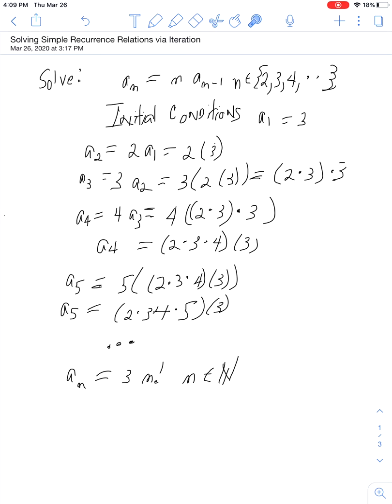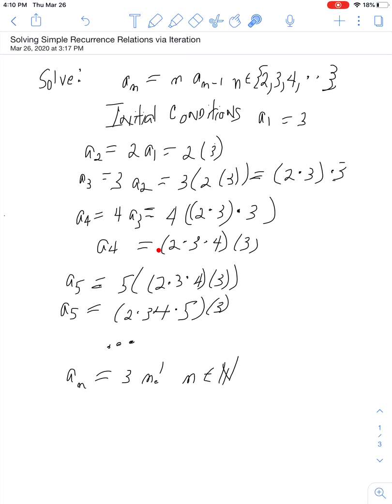Now I'm going to go on to a sub 4. A sub 4, by our definition again, is what? 4 times a sub 3. So that's equal to 4 times, and then a sub 3 is 2 times 3 times 3. Again, I'm going to group the terms that come from the same piece of the recurrence relation, that come from n.